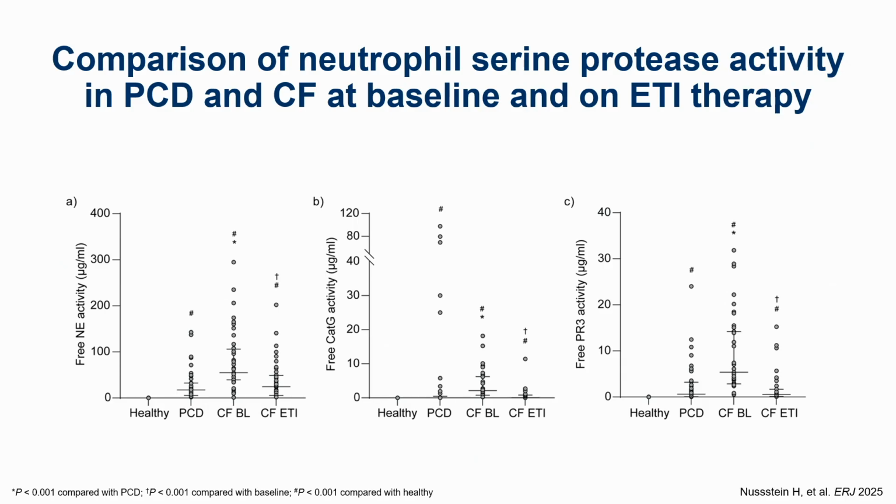Quite similar to the cytokines, we observed the same pattern. PCD patients had higher levels of NSPs compared to healthy. It was even further increased in CF at baseline, but ETI reduced levels to comparable to PCD, though still, of course, very different to healthy.